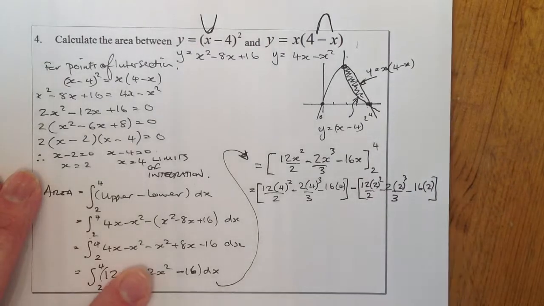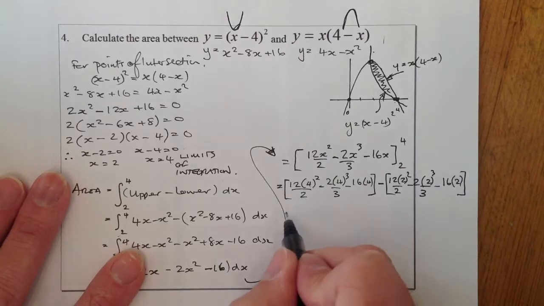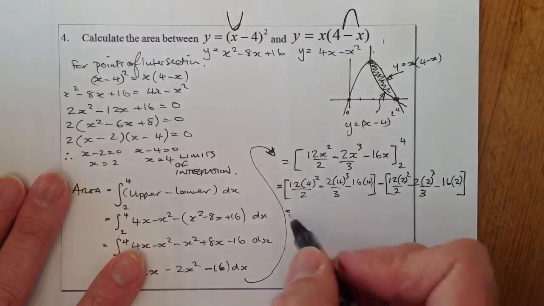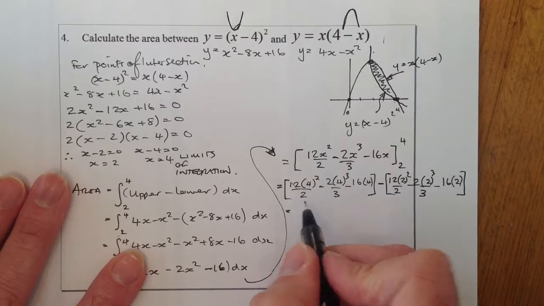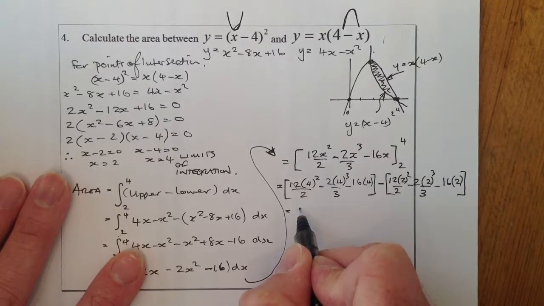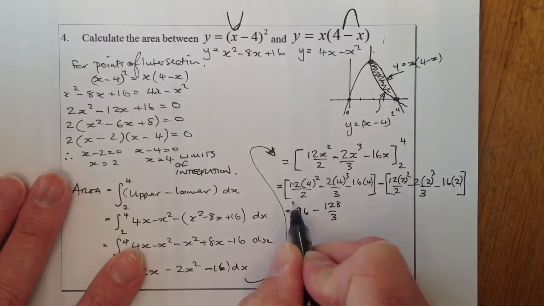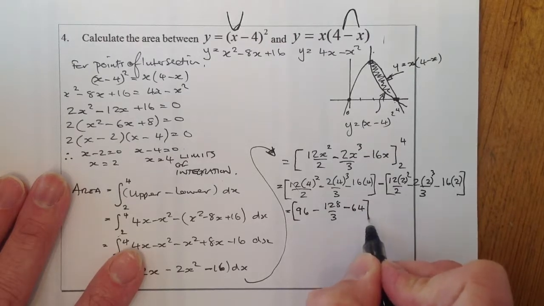So there's the work that I'm going to try to complete now. If you've got a calculator, you can put it into the calculator, or you can work it through without that. Quite often this would be a non-calculator question, and you could work this through actually. So that's going to be 96 minus 128 over 3, I'll just keep it in the square bracket just now, and that there's going to be minus 64.